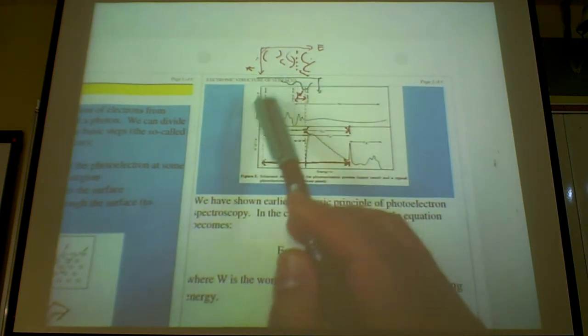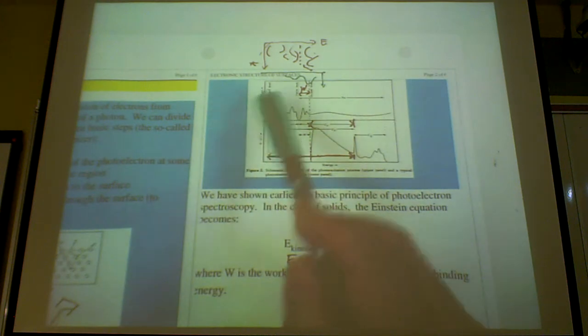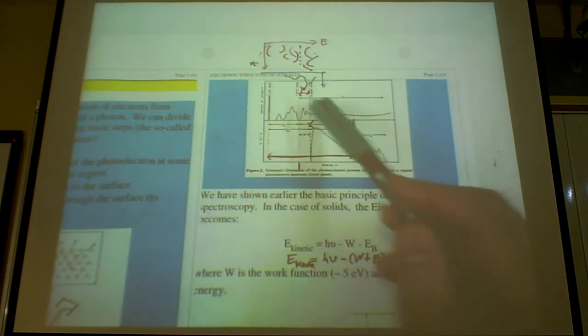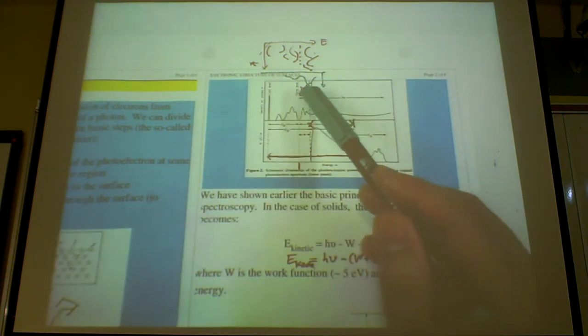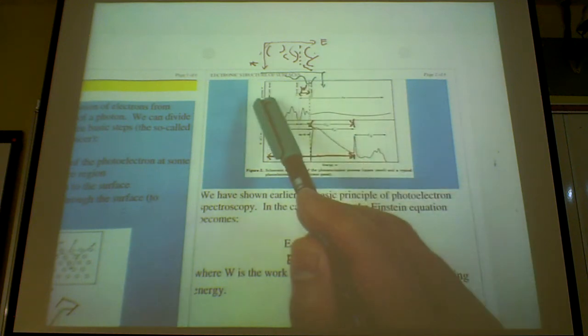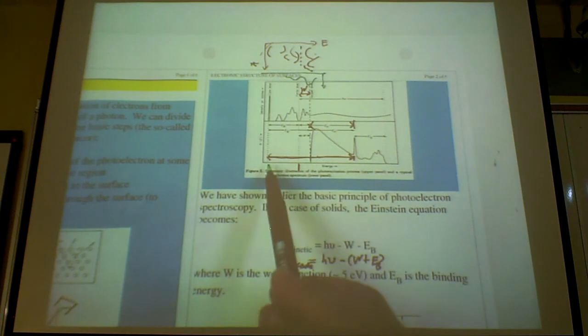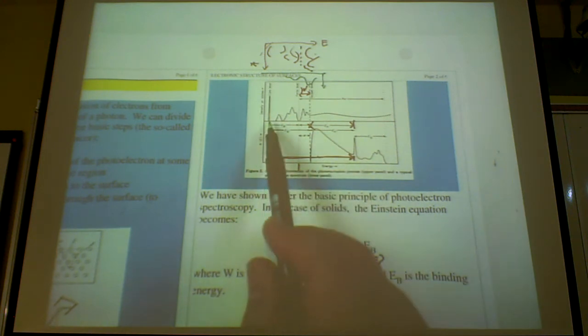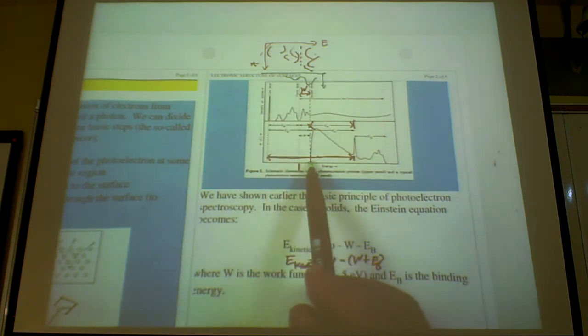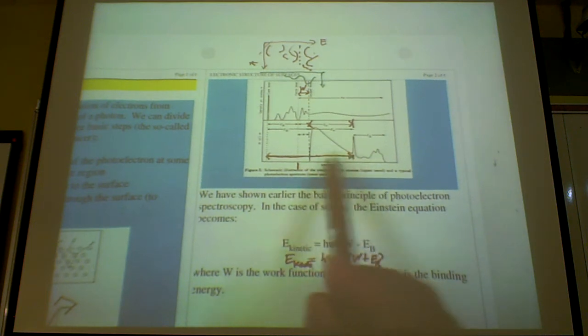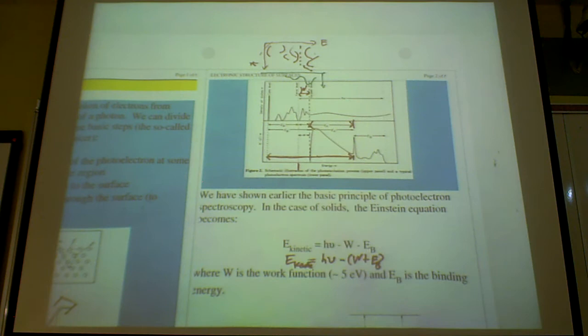So you bring it to become a free electron. This is the Spicer model: excitation, and then transport. And once you get to the surface, you still have some energy left. You still have this much energy left, right? So if I go from here to here, you first excite the electron up to here, and whatever comes out here, the electron will carry this amount of energy as kinetic energy.